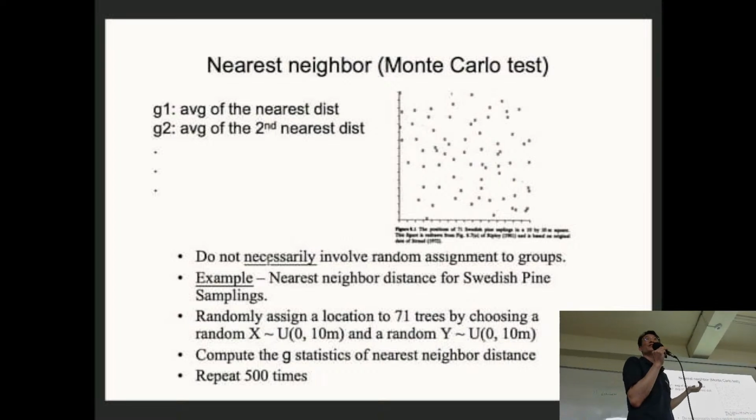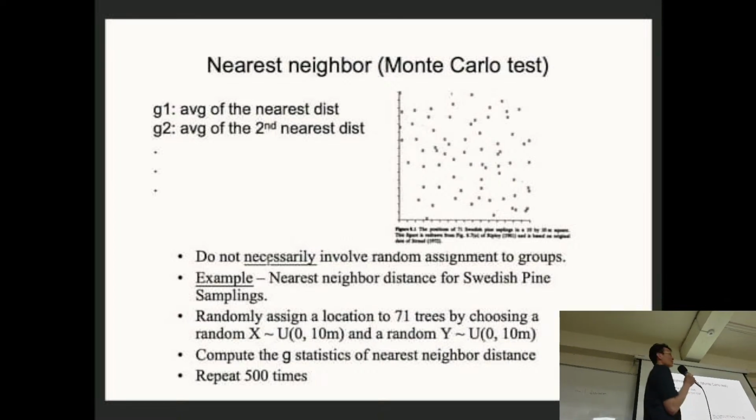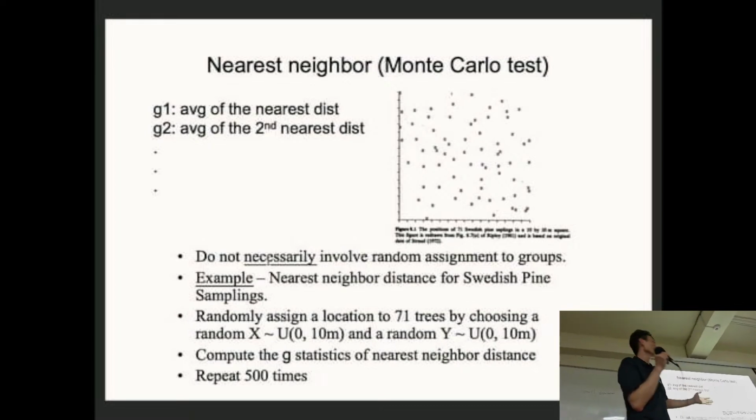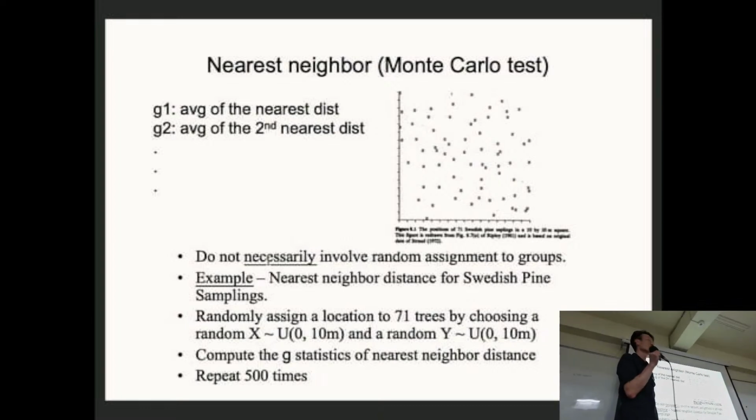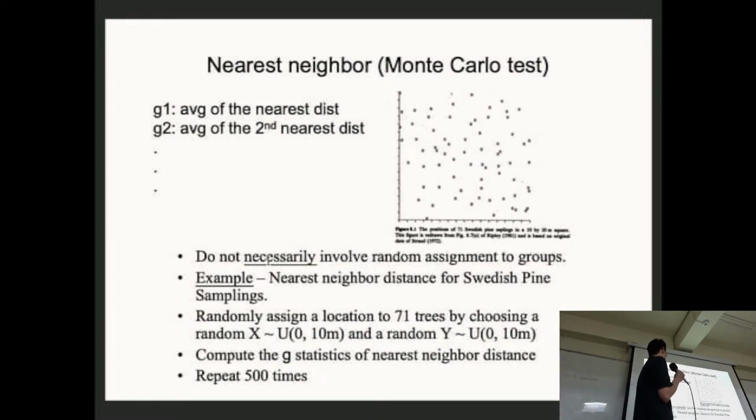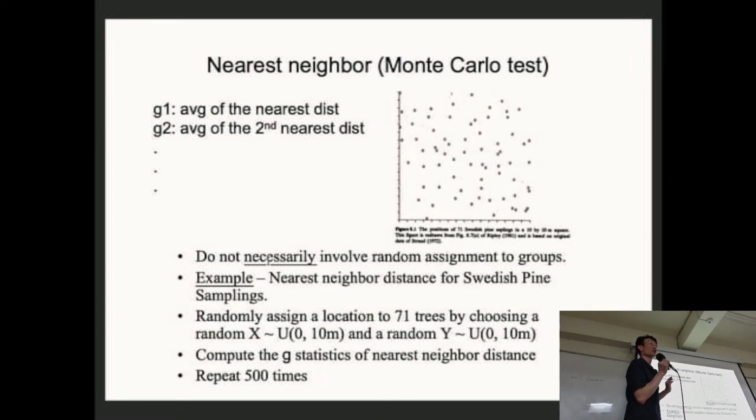But the question is, is it really randomly distributed everywhere? We are interested in the distance between trees.